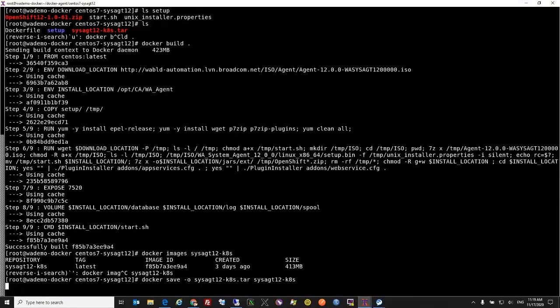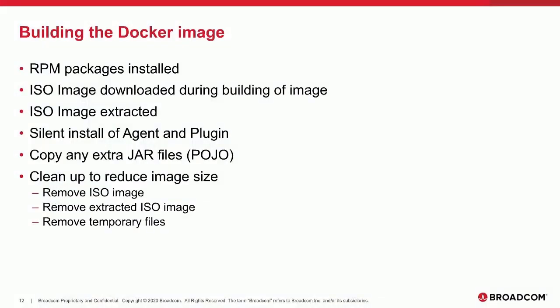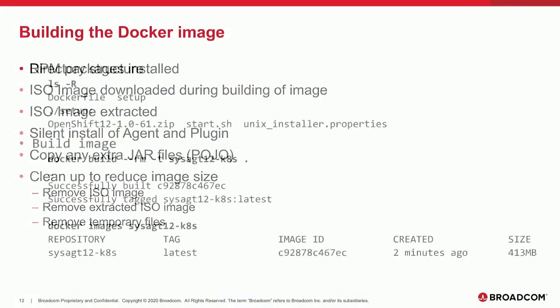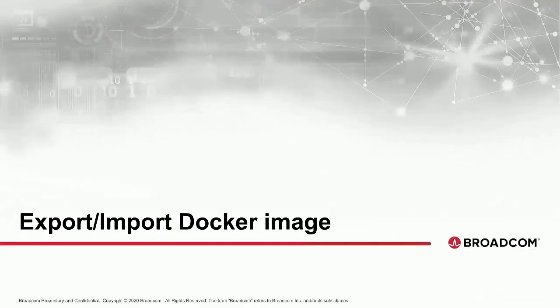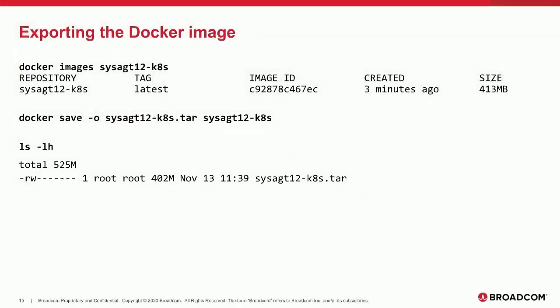So let me switch back to the slides. As a recap, here are the files that I was dealing with, and then I ran a Docker build, and then the next step would be to export and import. I had started the export already, so this was the command I ran to export the image.